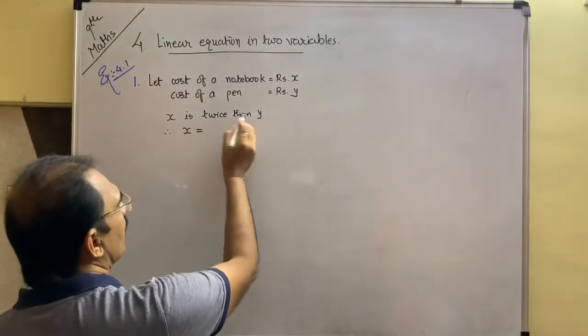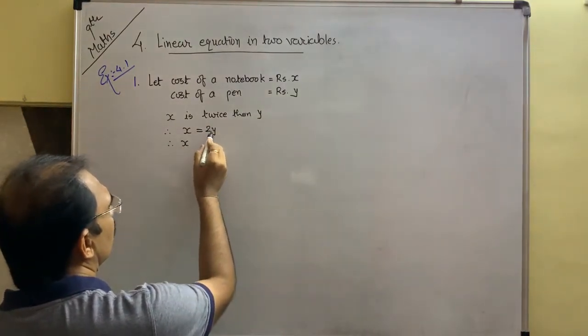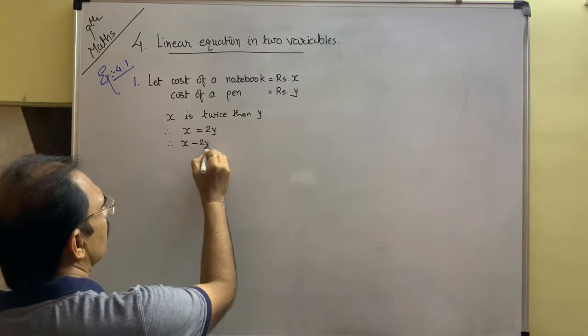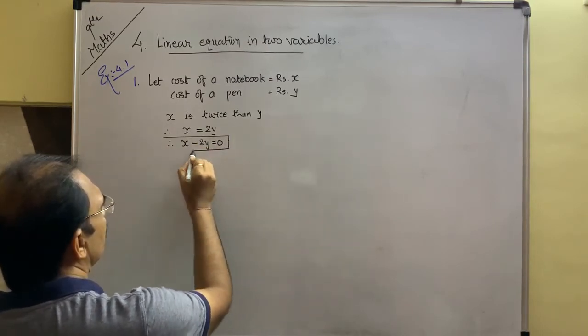So X is twice Y means double the Y. Standard form: take this side, X minus 2Y equals 0. This is the linear equation in two variables.